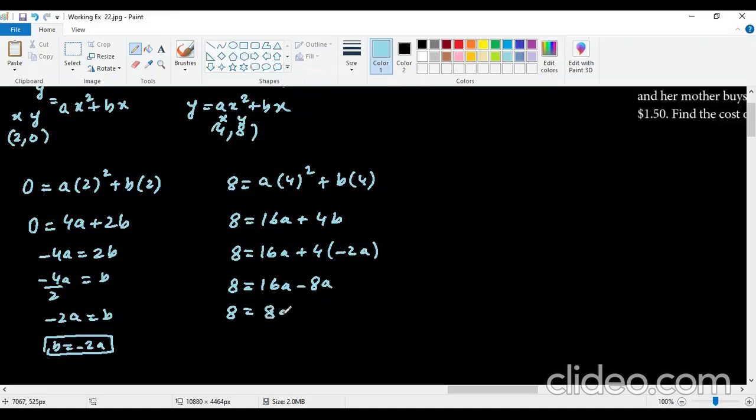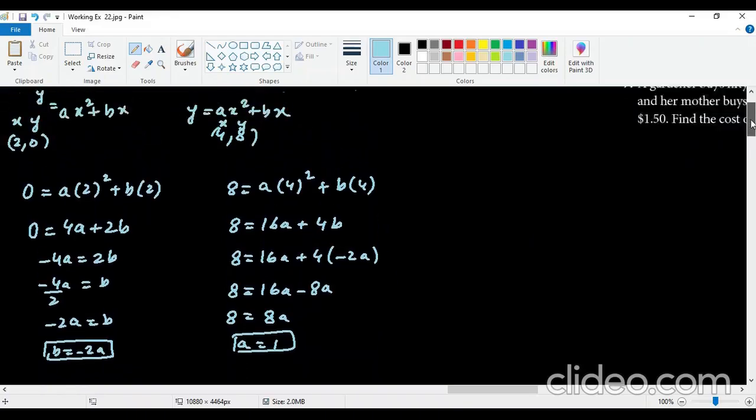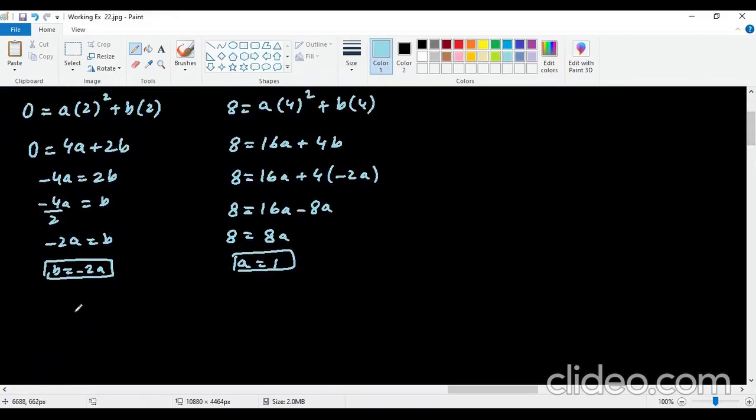That means a will be equal to 1. So we have found out the value of a. Now we know the value of b equals minus 2a. I will substitute the value of a, which is 1. So the value of b is equal to minus 2. We just found out the value of a and b.